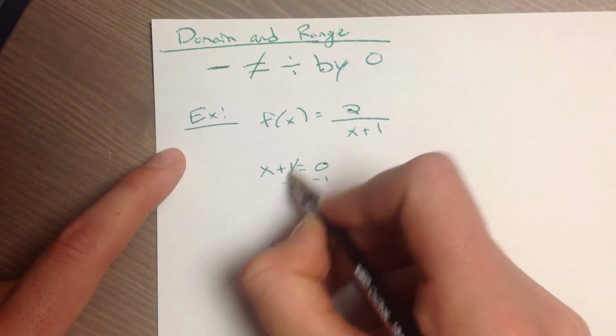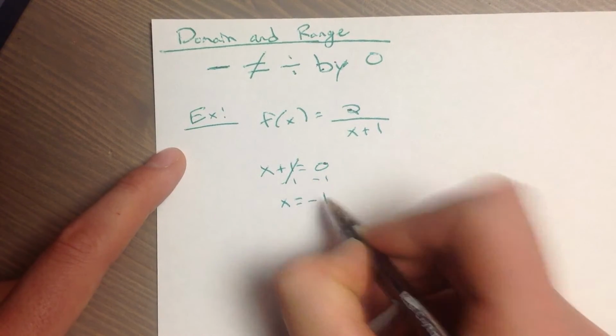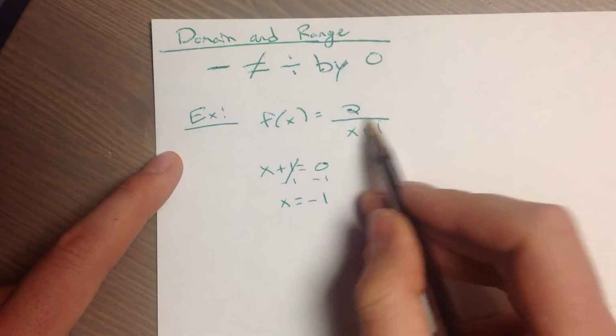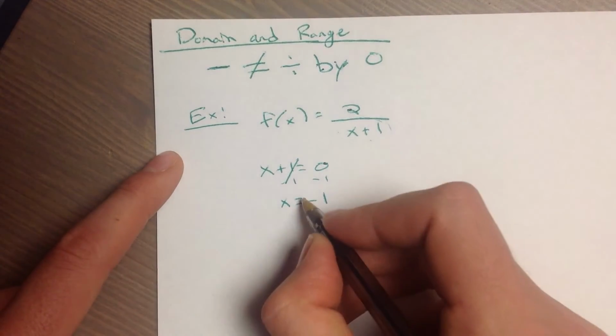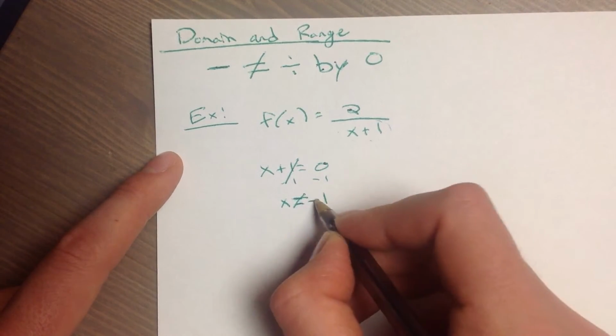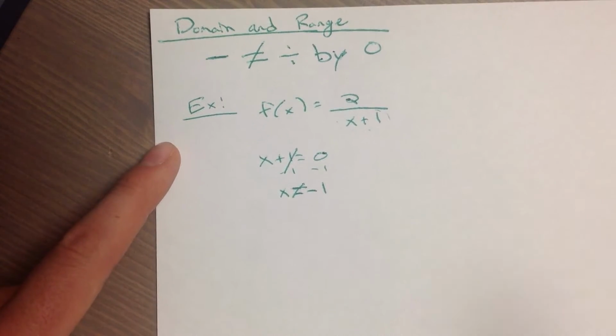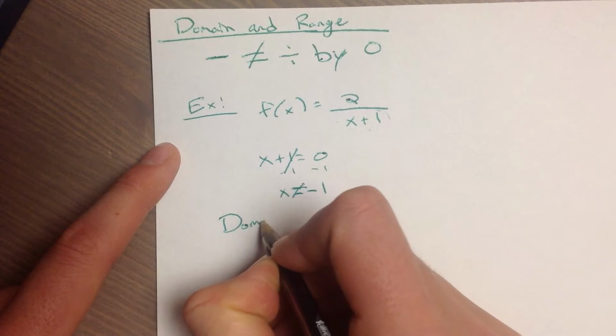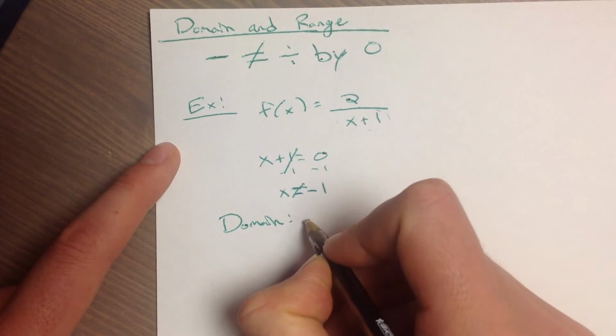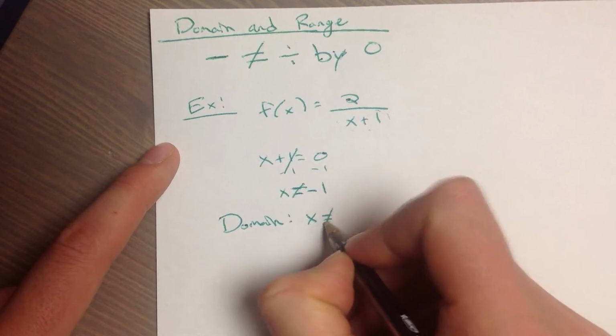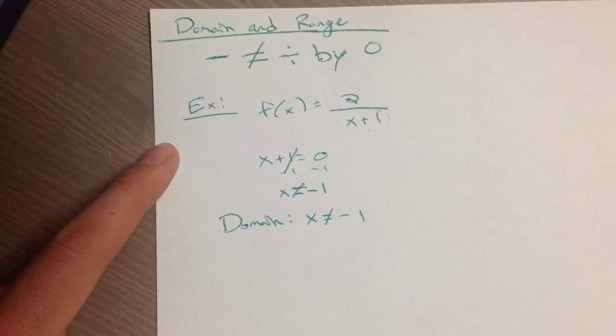Well, subtracting 1 from both sides, a value of -1 makes this whole thing 0, meaning we cannot equal this value of -1 because we cannot divide by 0. So when we're listing our domain, we want everything but -1.